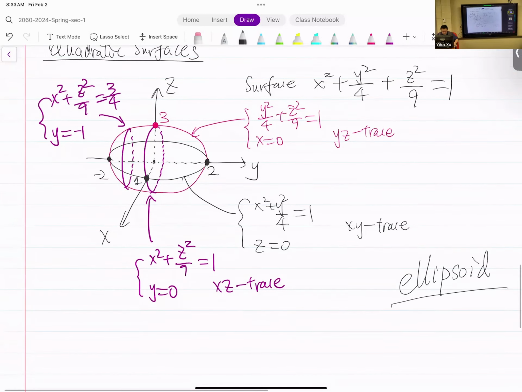So as a quick remark, this is actually a comment, so we don't really write the remark at the beginning.